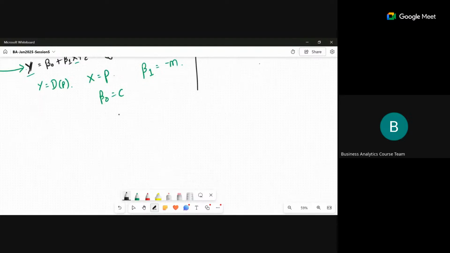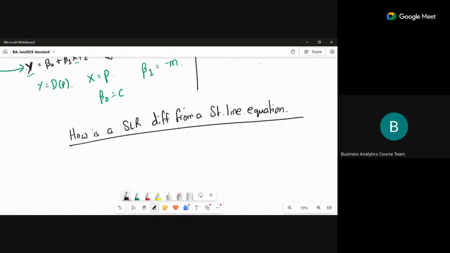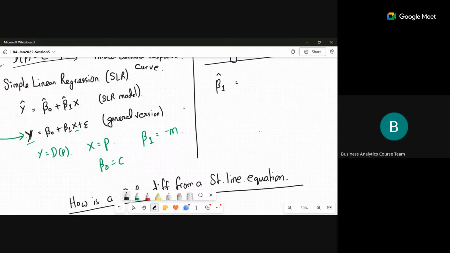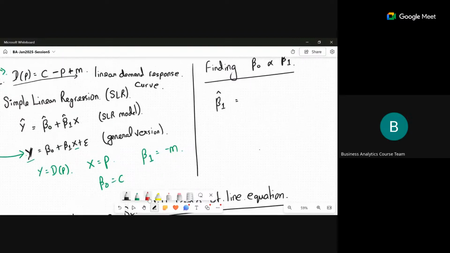Okay, let's look at this. How is a simple linear regression different from a straight line? This is a straight line, and this is an SLR.